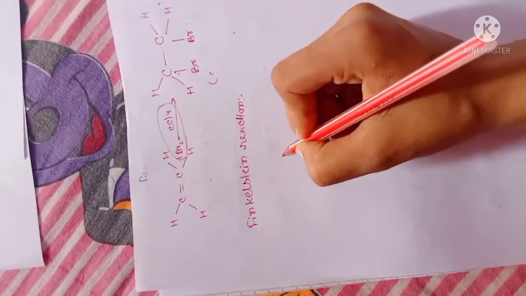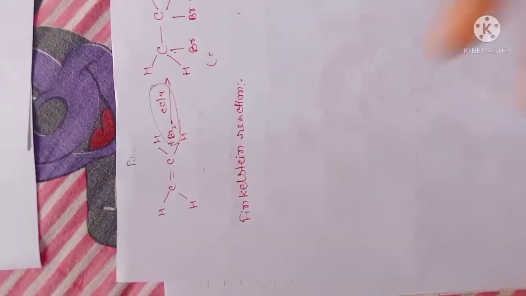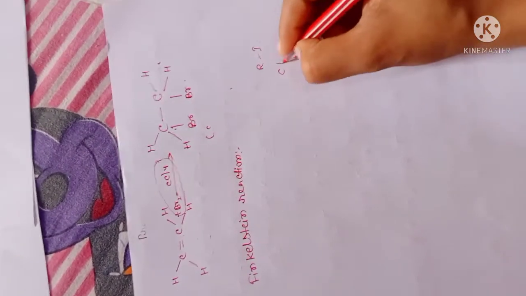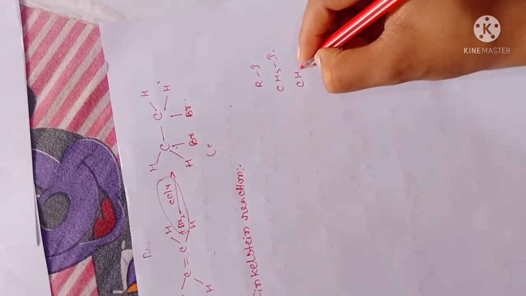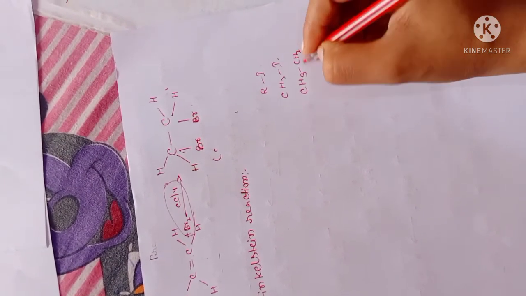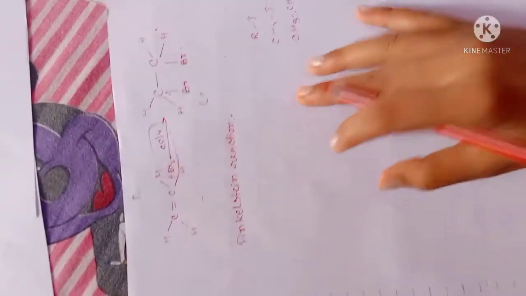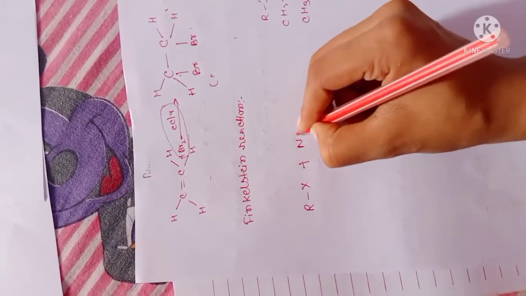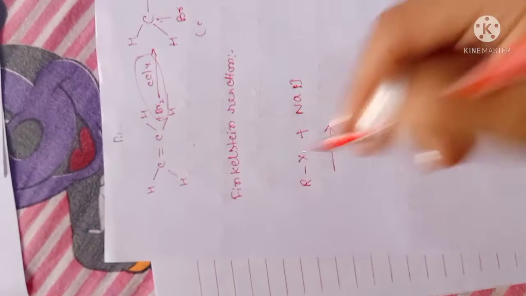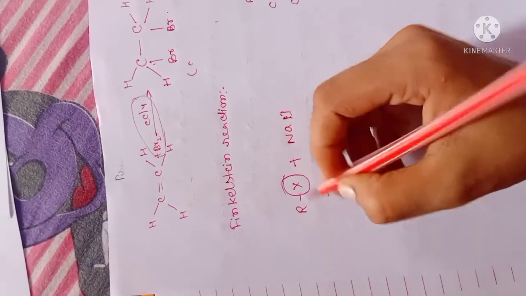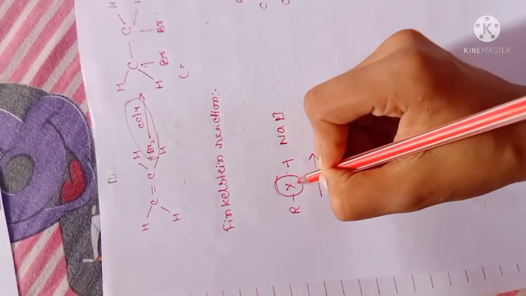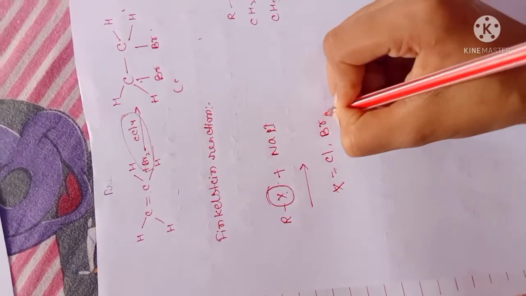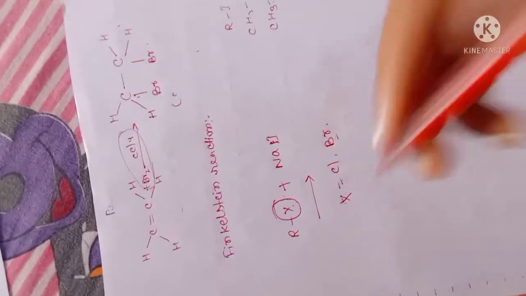Finkelstein reaction, if you want to prepare any iodide like RI or CH3I or CH3CH2I, like this, then focus here: RX plus NaI. Here X can be Cl and Br.